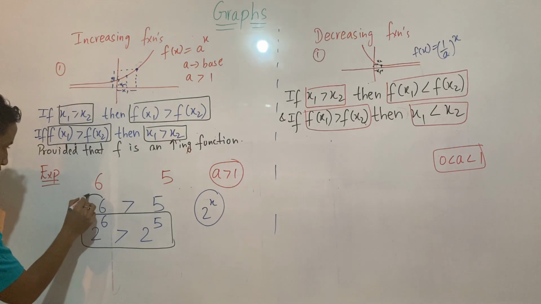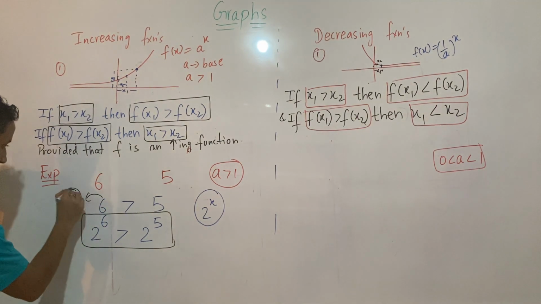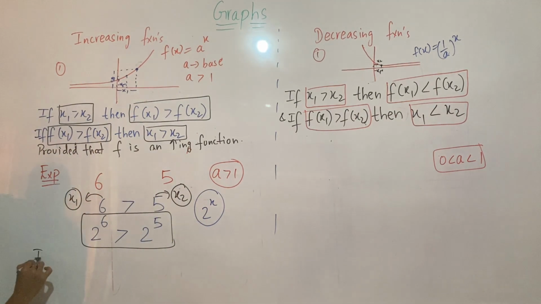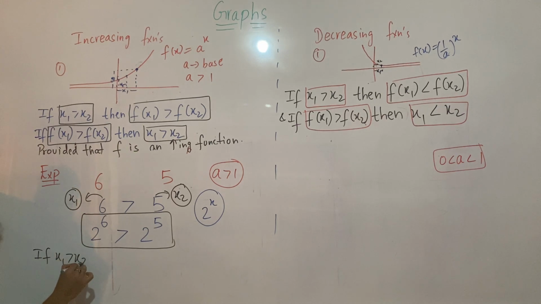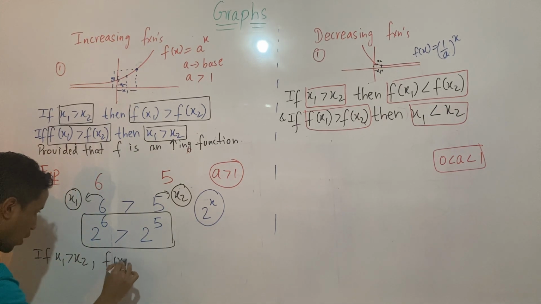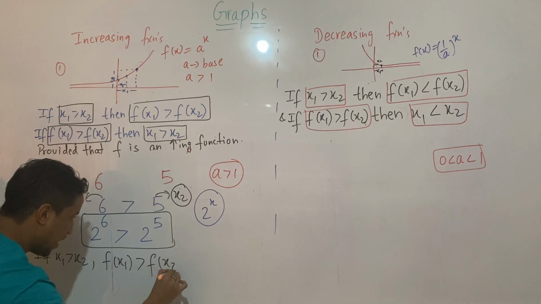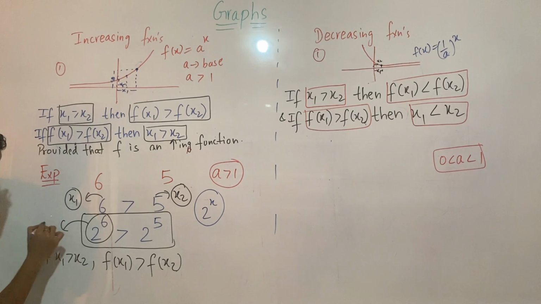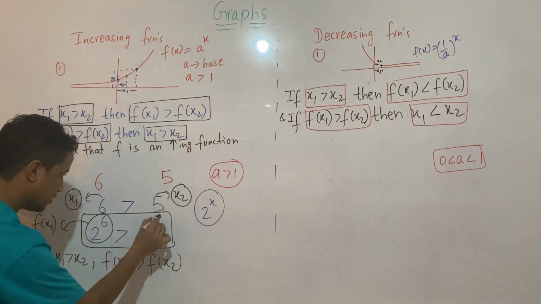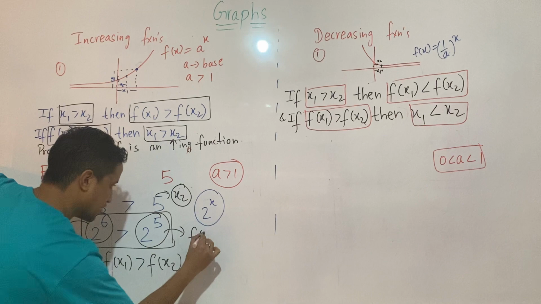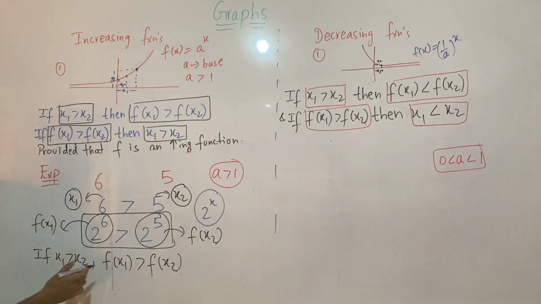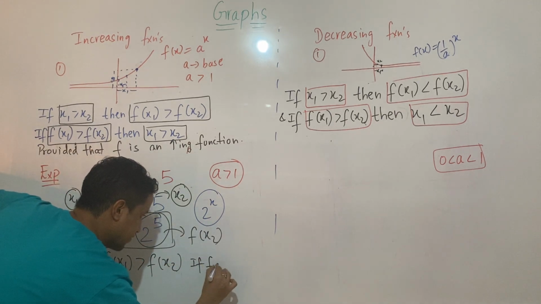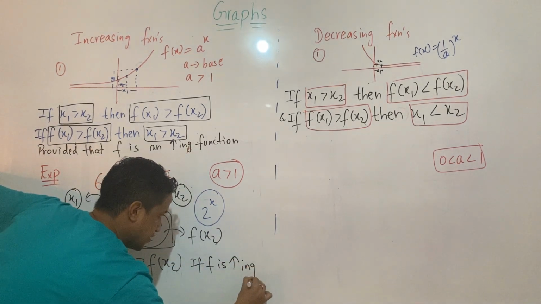So that's what it says. If this is your x1 and this is your x2, and if x1 is greater than x2, then f of x1 is going to be greater than f of x2. Of course this value is f of x1, and this value is f of x2. This holds if f is an increasing function.